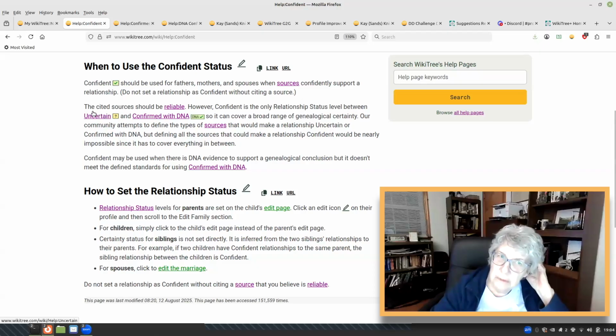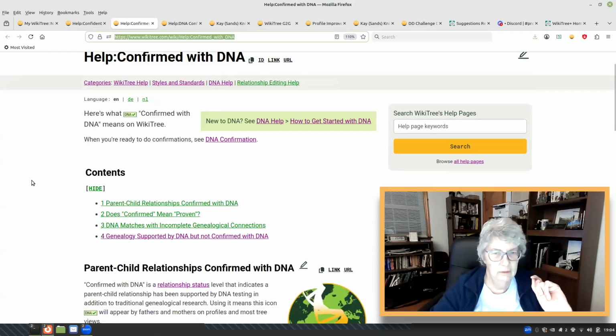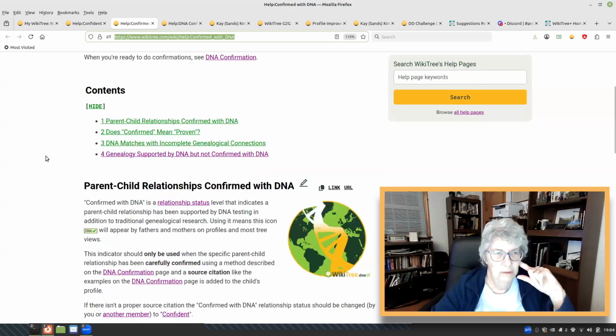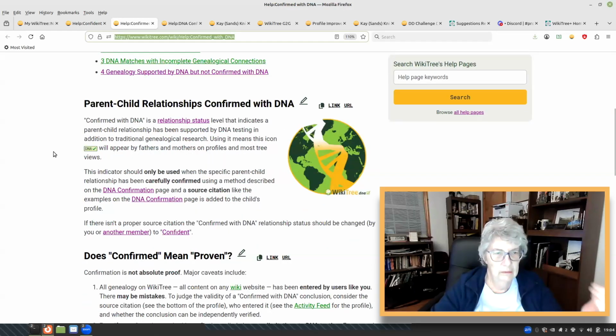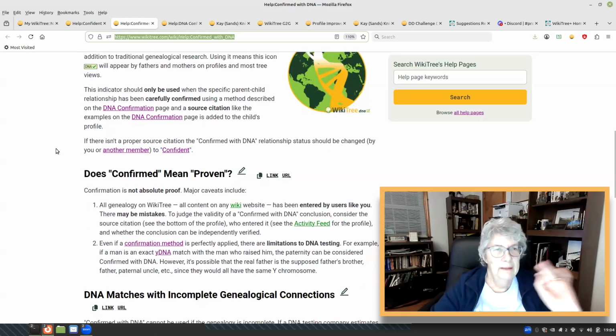Exactly, because what we're doing when we confirm with DNA is we're confirming the relationship from the child to the parent with a DNA confirmation source.